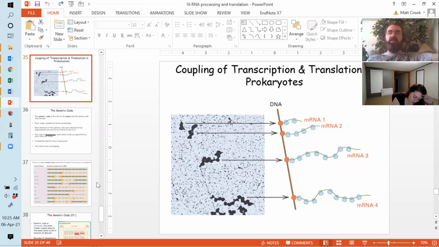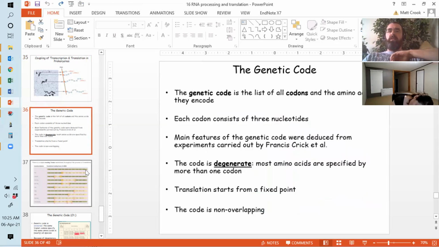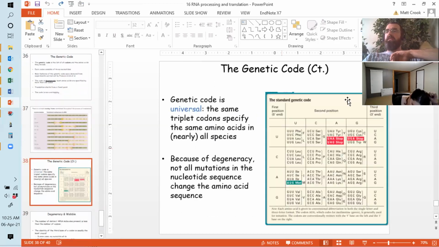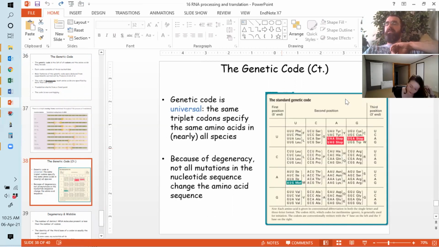And also a couple of funky characteristics called degeneracy and wobble. And so essentially, that's embodied by this table.